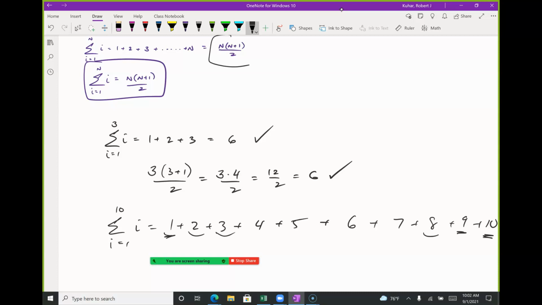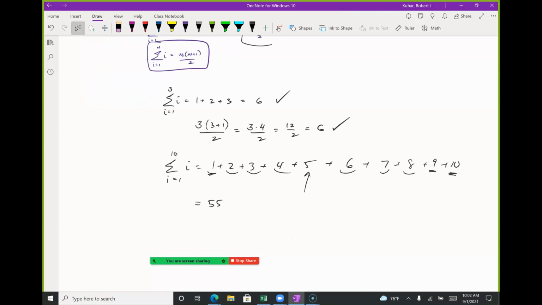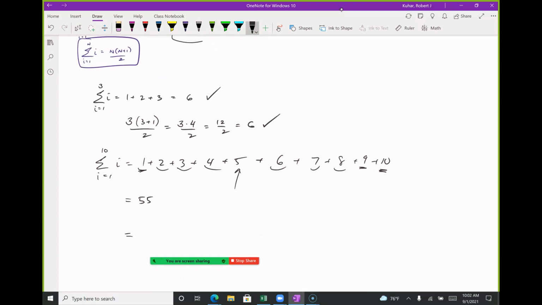There's 30, 40, 50, and I've left over 5, so 55. But of course, if I just put that 10 in the formula, 10 times 10 plus 1 all over 2, I get 5 times 11, which is the 55. So the formula seems to be working, right?